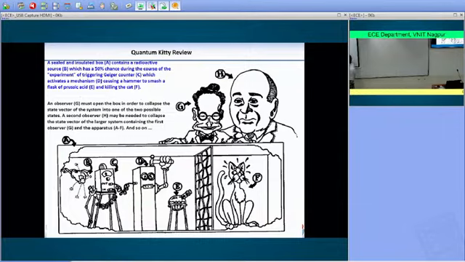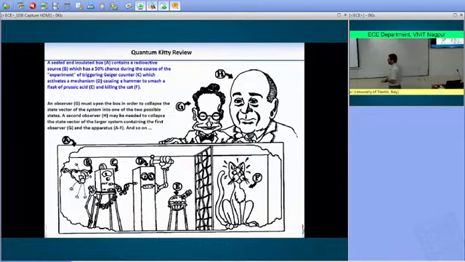The cat breathes the acid, and then it dies. Okay? Everything is inside the box. An observer from the exterior, with the box closed, cannot say whether the cat is alive or is dead.